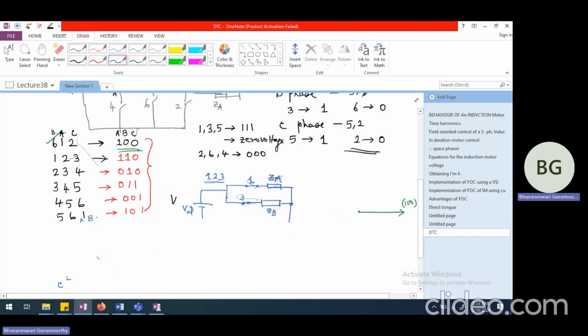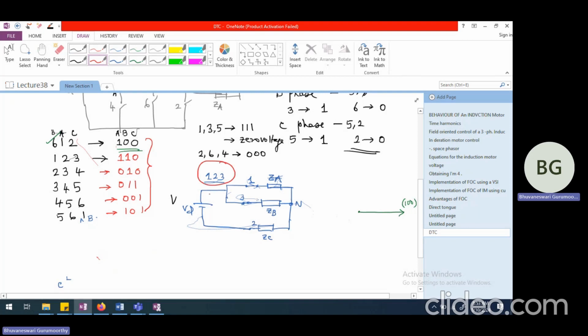Now here is the neutral. And from here, I'm going to have C phase connected. And to C phase, I will have switch number 2 connected. And this is going to close the circuit like this. So this is the equivalent circuit corresponding to 1, 2, 3.